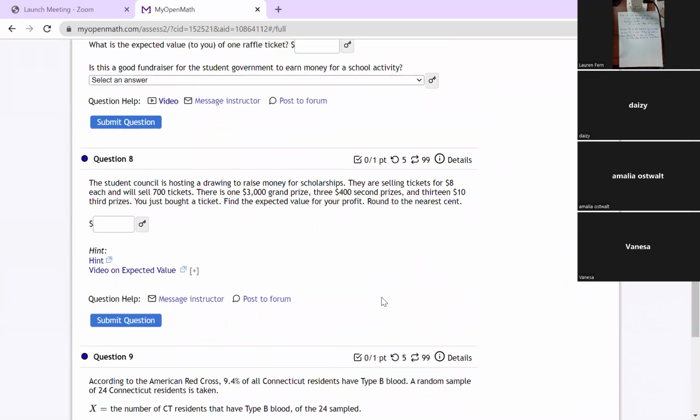Okay, so your numbers are going to differ slightly from mine. This is what you're looking at? Okay, cool. So what we have here in number 8 for lesson 8 is we are selling tickets for $8 a piece, and we'll sell 700 tickets total.